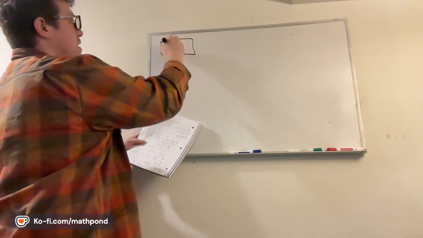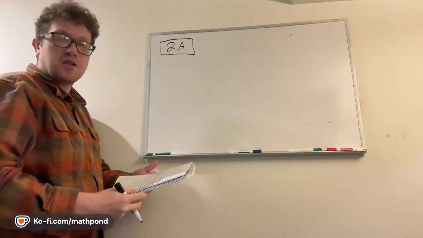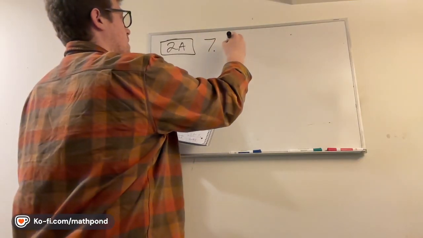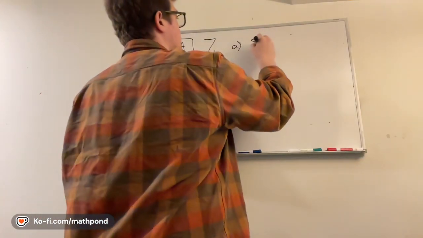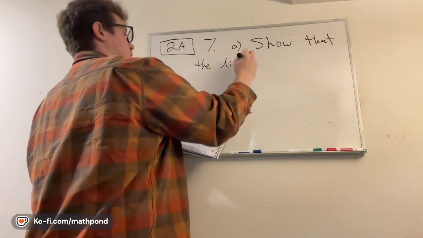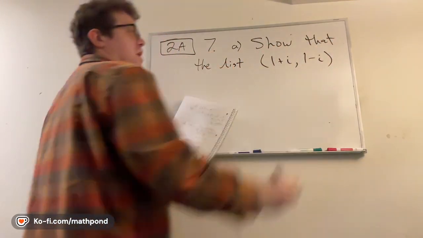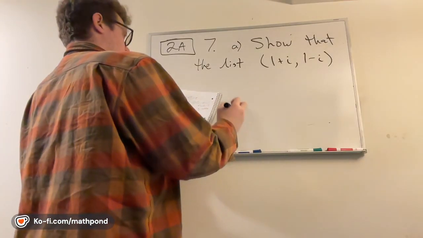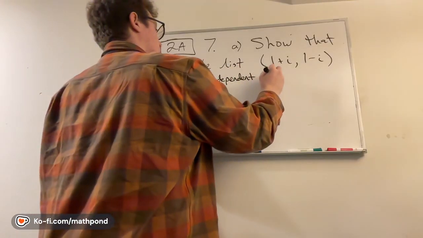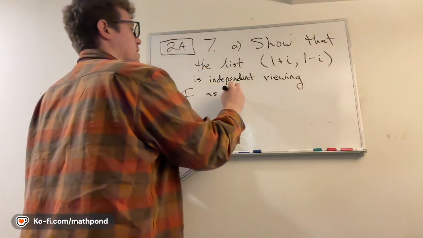First one is 2A, section 2A in Sheldon Axler's book, Linear Algebra Done Right, problem 7, part A. Show that the list 1 plus i, 1 minus i, two complex numbers, is independent, viewing the complex numbers C as an R vector space.